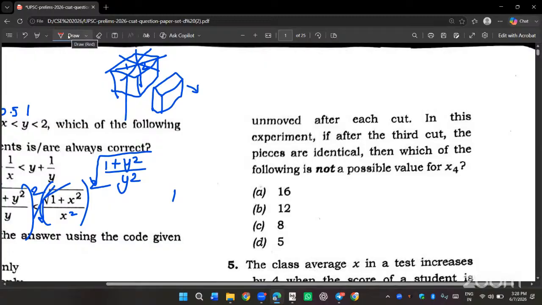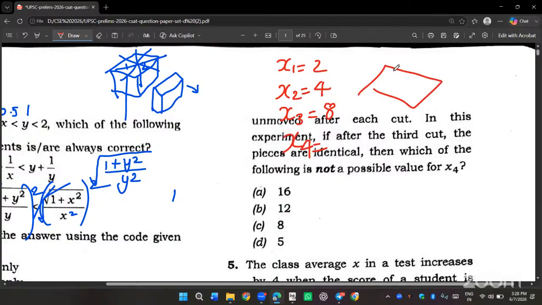Okay. So how can we identify this? In the first cut, we get two pieces. Okay, x1 is equal to 2. Then in the second cut, those two pieces will be 4 pieces. In the third cut, those 4 pieces would become 8 pieces. In the fourth cut, if I make it separately like this, 1, 2, 3, 4, 5, after the fourth cut I will get 5 pieces.